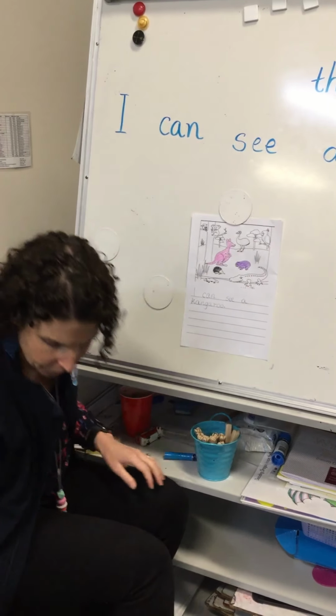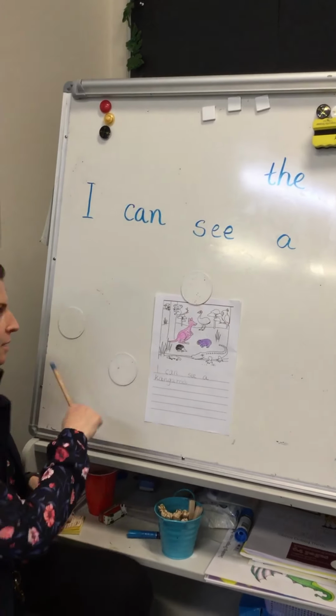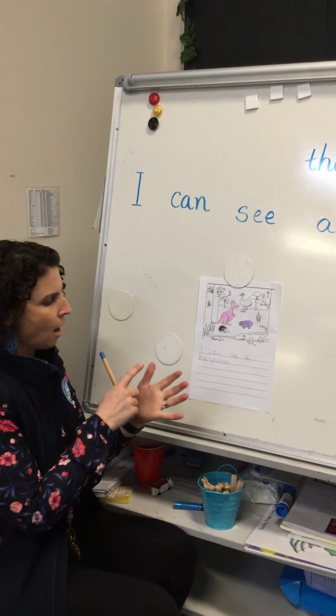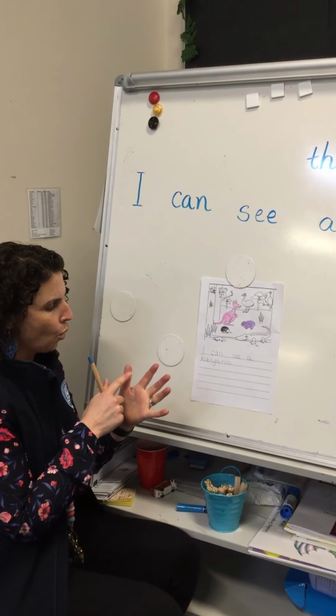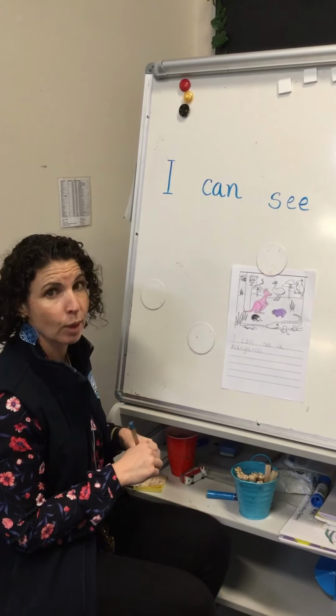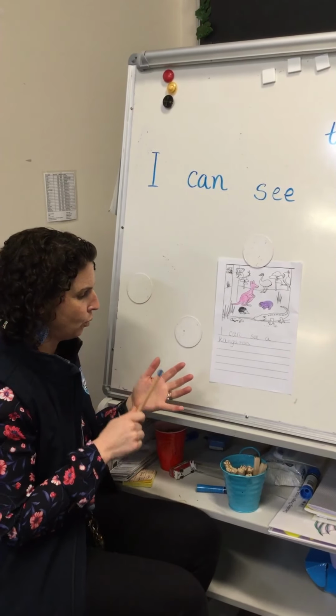There we go. Now, I'm going to use the same sentence starter again, but this time I'm going to be writing about my purple wombat. I can see a purple wombat. Okay, I've got 6 words in this. This is a big sentence, but I'm going to really try. I can see a purple wombat.